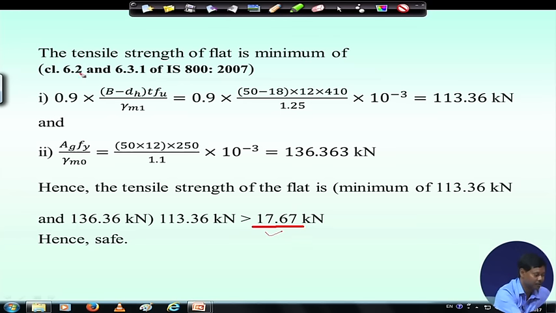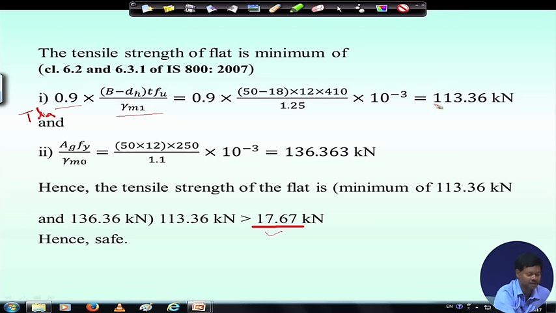So, according to the tensile strength, we can calculate the design tensile strength of the member due to rupture of the critical section. So, that we can find out, this will be the Tdn value. So, Tdn value we can find out from this formula, that is 0.9 into (b minus d_h) into t into fu by gamma m1.